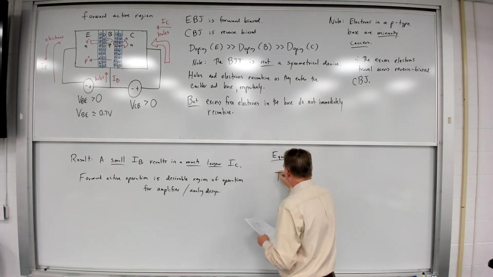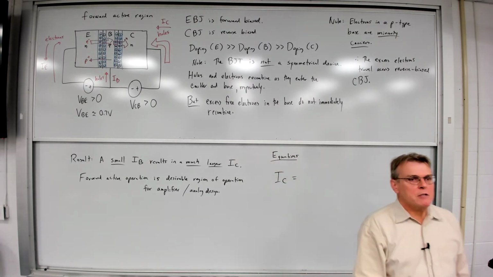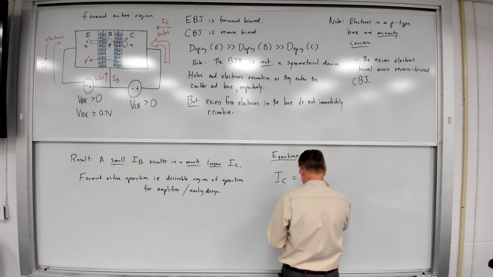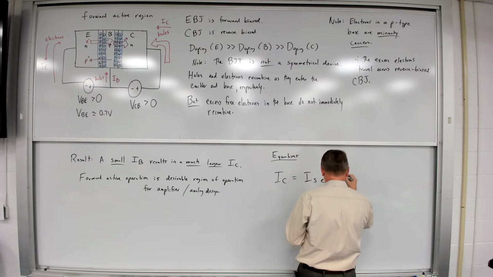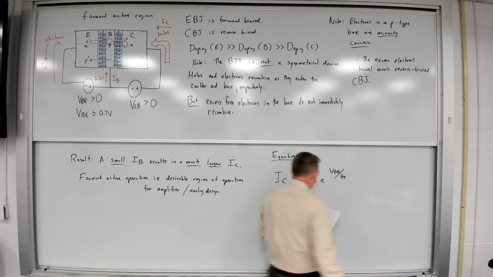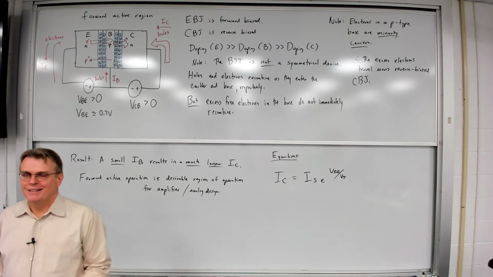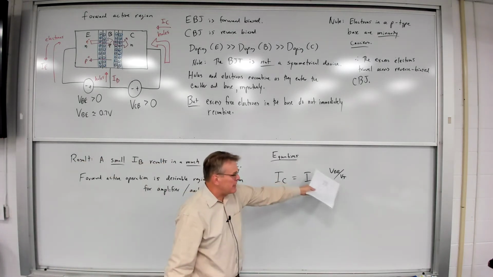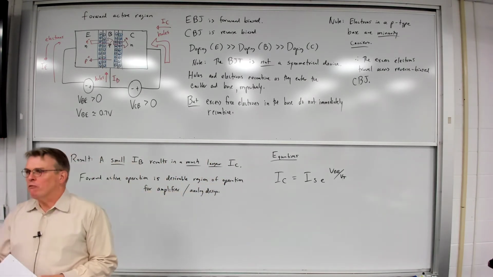First of all, IC is a function of the base emitter voltage. Does that equation look familiar to everybody? It should. The collector current is equal to I sub S times e to the VBE over VT. That's the diode equation, the p-n diode equation for forward bias.